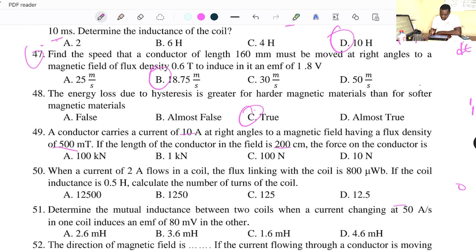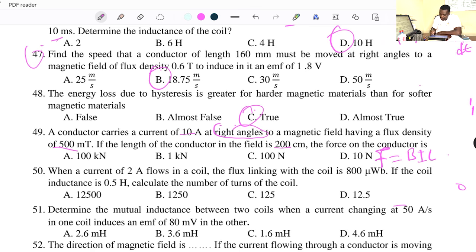So we know force is equal to magnetic flux density times the current and the length of the conductor. And we have been told the magnetic field is at right angle to the conductor.